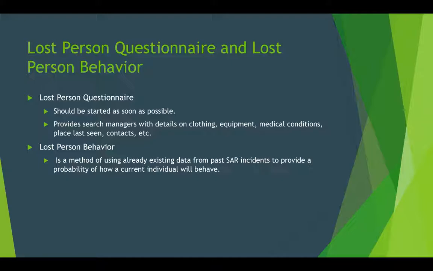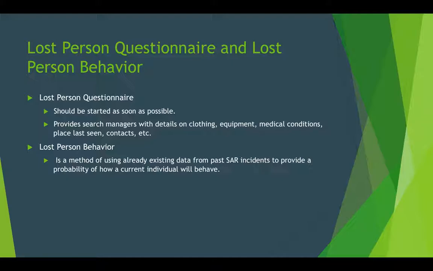Second, the lost person questionnaire is important in identifying and studying the point last seen, and it may help us uncover important clues there. Investigating the circumstances of the loss of the subject can also indicate where he or she started from, where he or she is going, or how he or she got there. And so interviewing a variety of people who may have information about the circumstances of the loss of the subject is important.